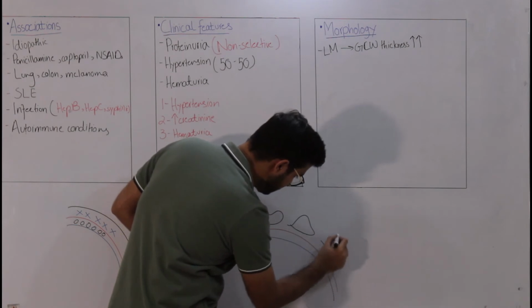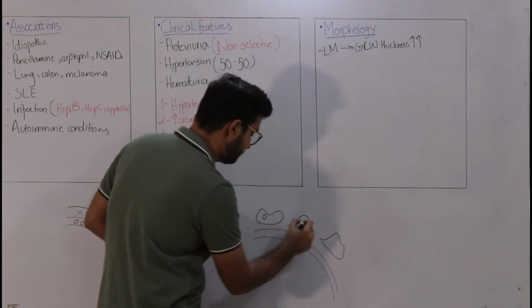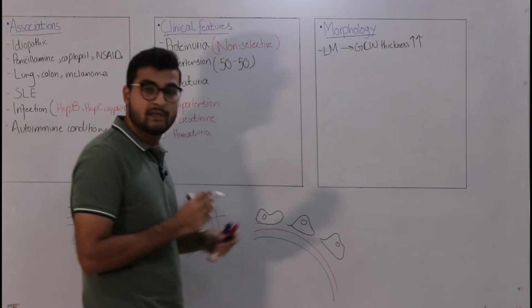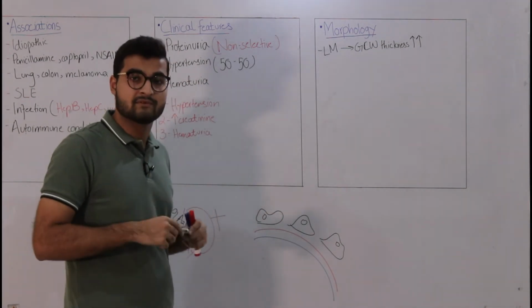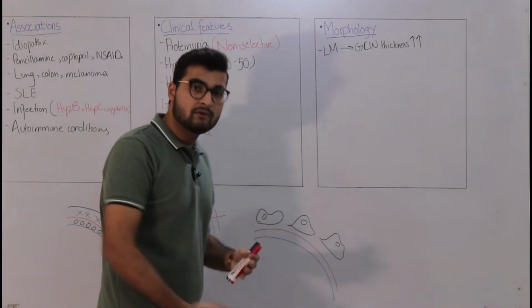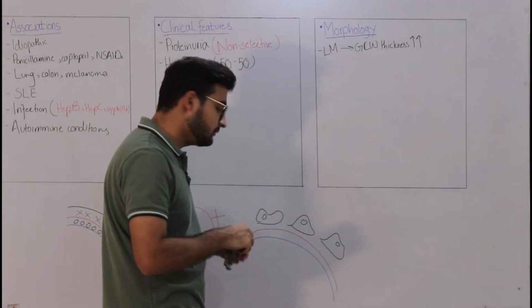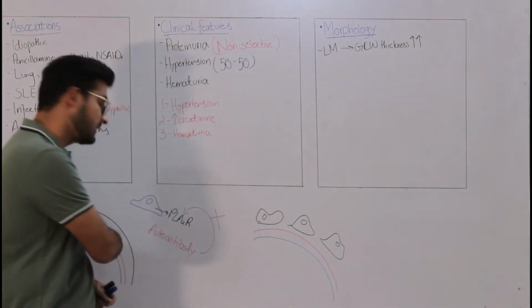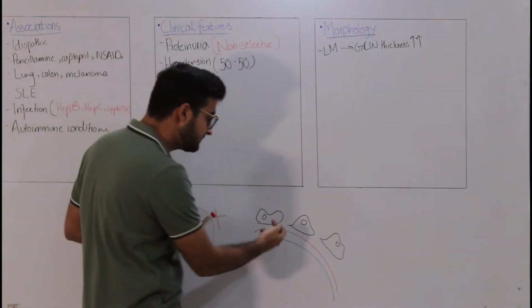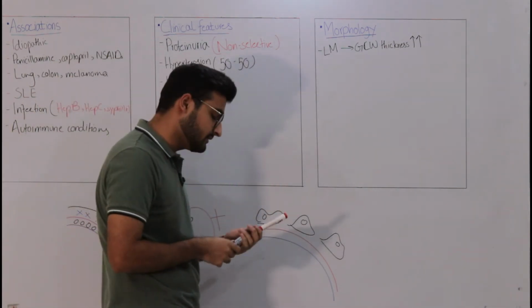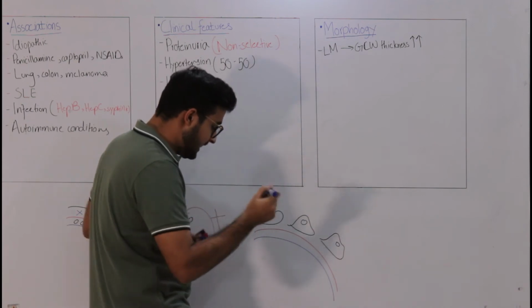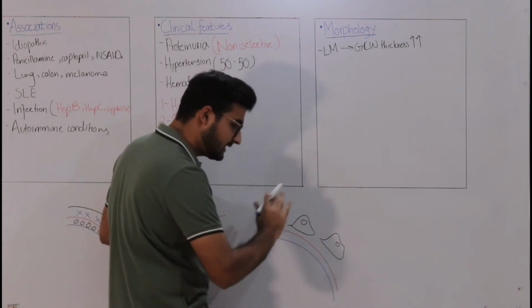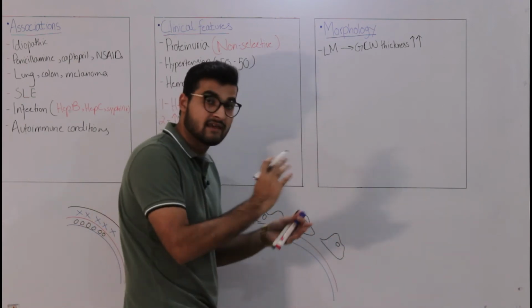Right, so these are your podocytes over here. Now you will have immune complex deposition, right? Now this immune complex deposition is going to be subepithelial, right? We talked about it being subendothelial earlier, but this is between the podocytes and your basement membrane. So you will have the deposition in multiple segments.